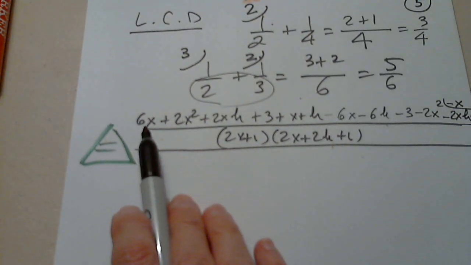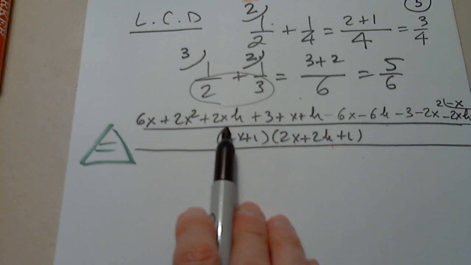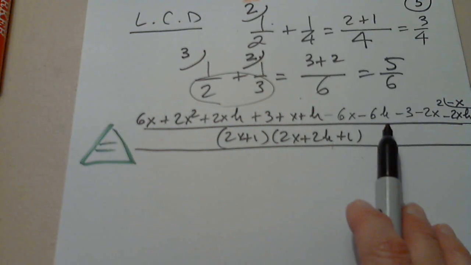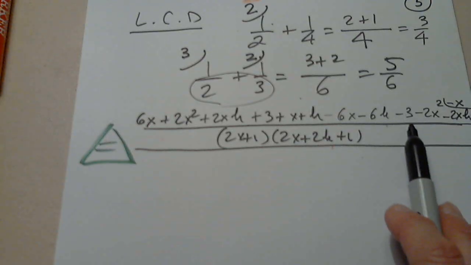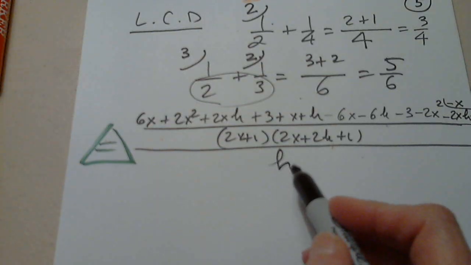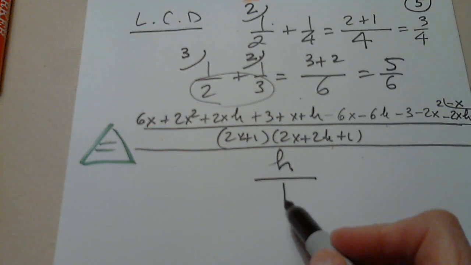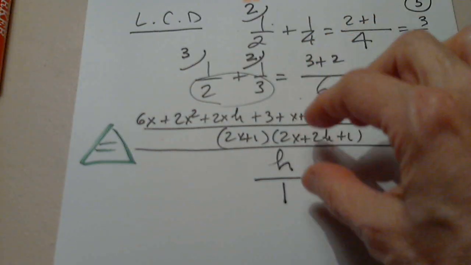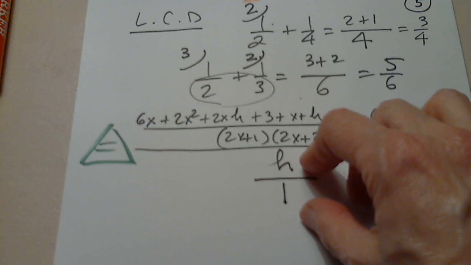So 6x plus 2x squared plus 2xh plus 3 plus x plus h minus 6x minus 6h minus 3 minus 2x squared minus 2xh and finally minus x. Of course over h, but h is the same as h over 1. So I have a fraction at the top and a fraction at the denominator.